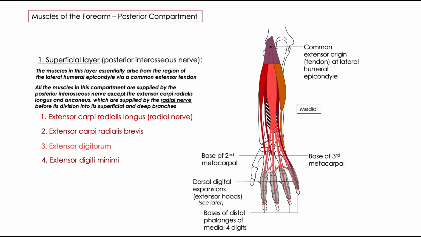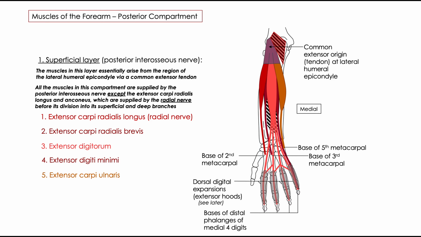Then the last one going to the base of my 5th metacarpal is my extensor carpi ulnaris. Regarding extensor digiti minimi, some authors believe this is the detached part of the extensor digitorum. So we have covered almost all of my superficial layer muscles except for one. And who's the last one coming up? That one is my anconeus.